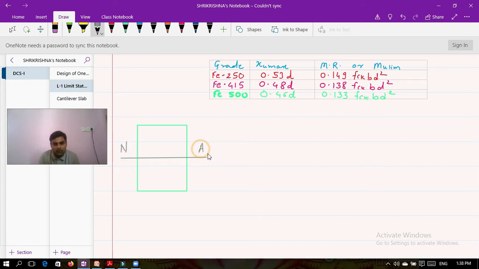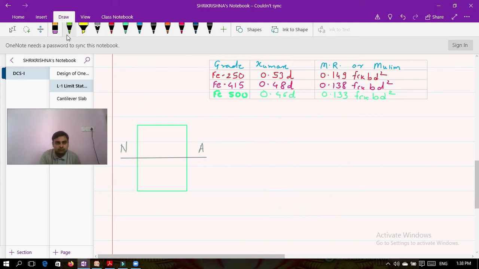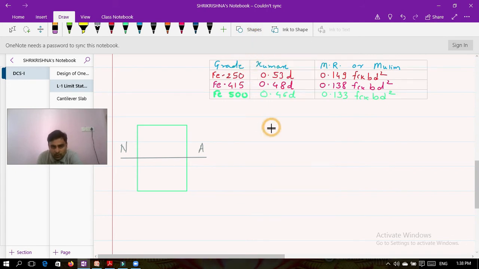Now I will project these lines forward. If I project these lines, we will draw the strain distribution first. Now if I draw the strain distribution, it is like this. This is the straight line first.